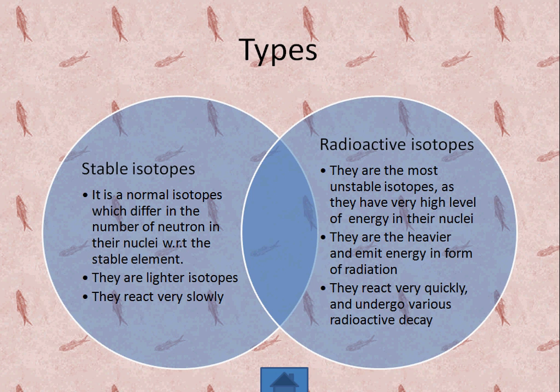They are the lighter isotopes and they react very slowly. In radioactive isotope, if we compare with the stable isotope, they are the most unstable isotope as they have a very high level of energy in their nuclei. They are the heavier and emit energy in the form of radiation. They react very quickly and undergo various radioactive decays.